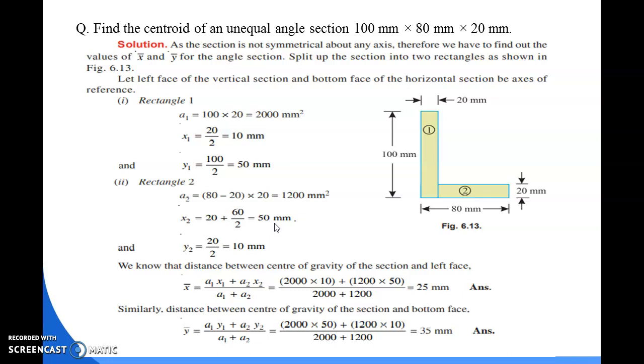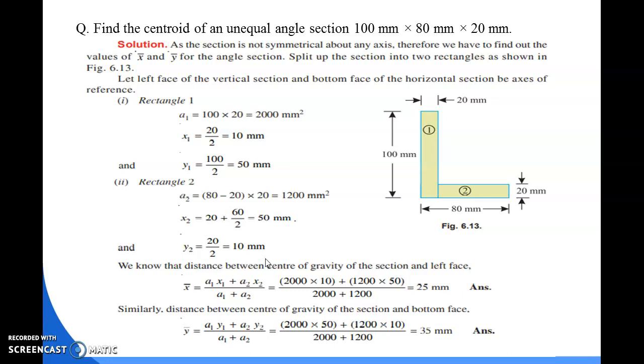That's why the value will be this much. And as per the y-axis, the value of center of gravity with respect to the reference line is equal to 20 by 2, which is equal to 10 mm. So now we have a1, a2, x1, x2 and y1, y2 values.